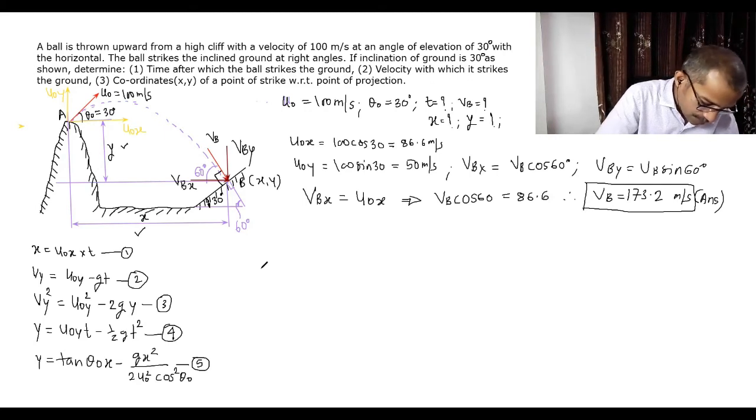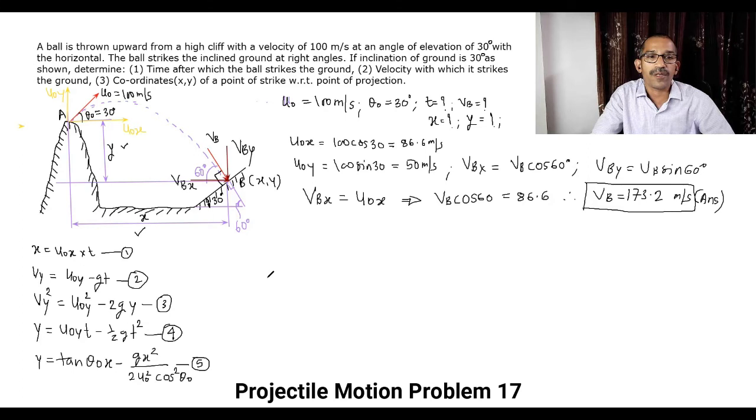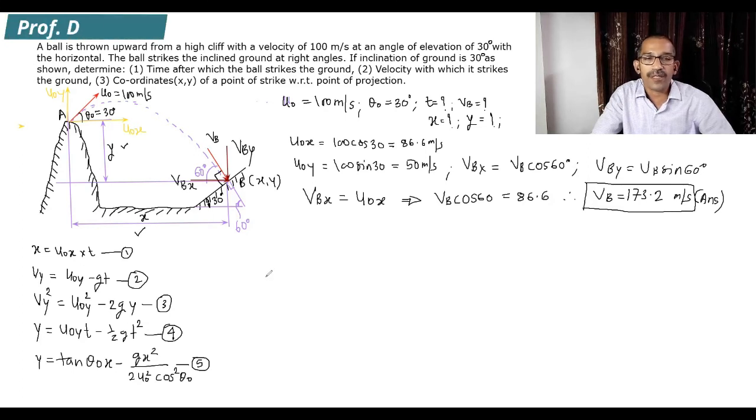You know one more value now, that is VB. You know u0, you know theta 0. Therefore, to find out x, the equation of x is U0x into t. Again there are two unknowns. That means what is important? T is very important. If you know t, easily x and y are possible.